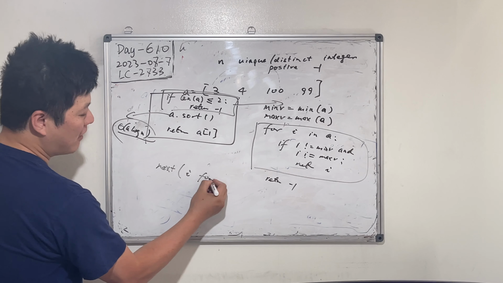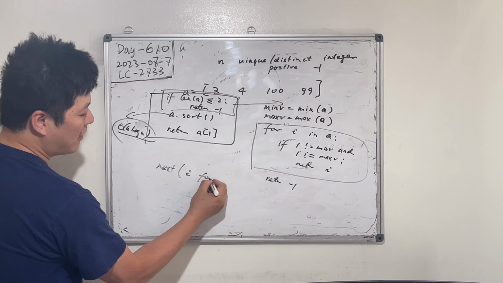This is O(n), right? Can we do better? Yes. We can make it O(1). How? Remember the sentence I was just saying. Listen carefully. If there are 3 numbers, here we have at least 3 numbers. If there are 3 numbers and they are different, do we know the answer?